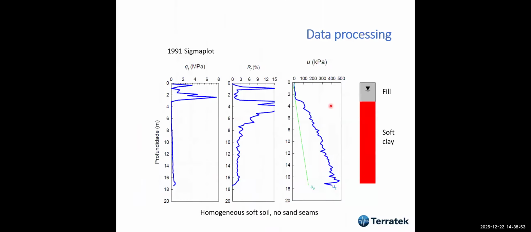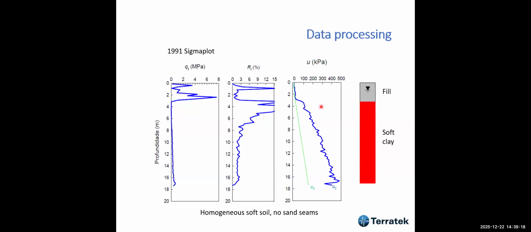And so this is how I did the data processing in 1991, by using the software I wrote, which of course had lots of limitations. And here we see sand, and then a very homogeneous soft soil without sand seams from the pore pressure.